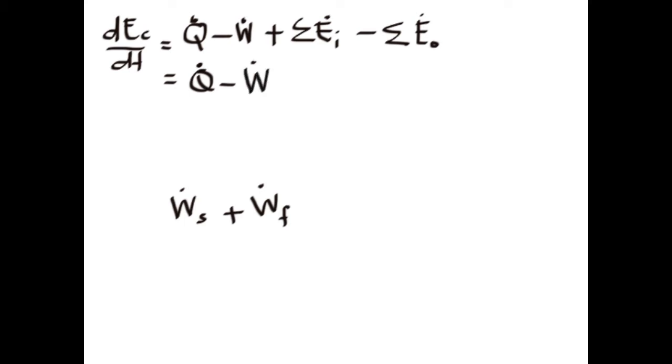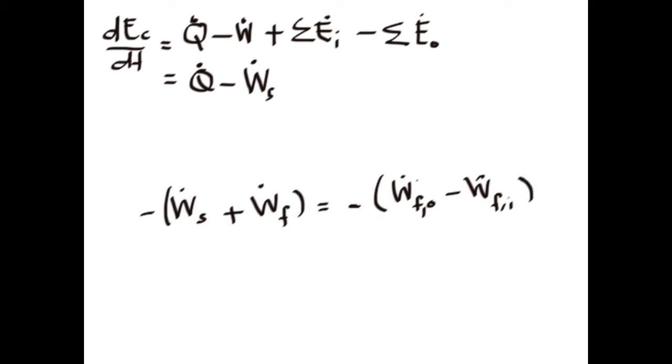So shaft work will remain here, since I put it negative here following this. So this flow work is flow work at the outlet minus flow work at the inlet.